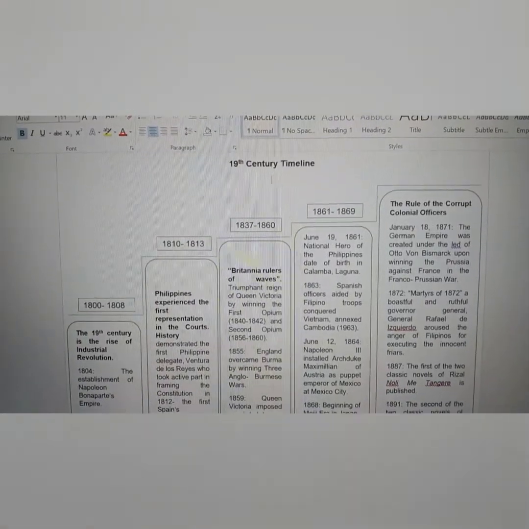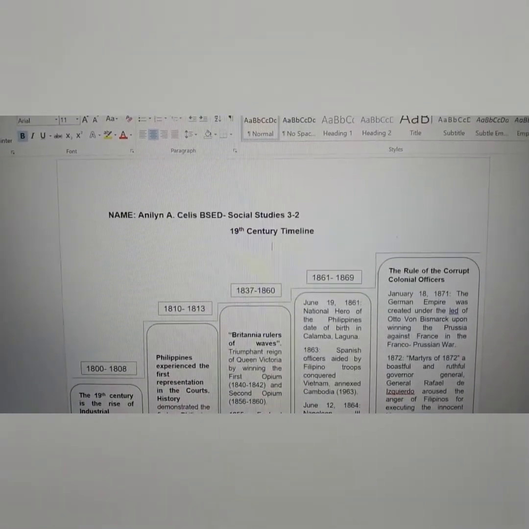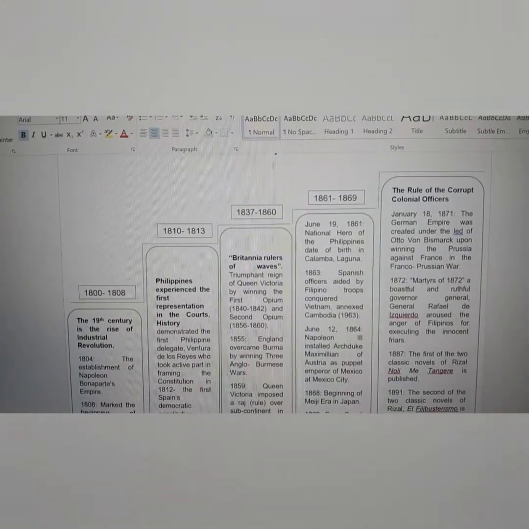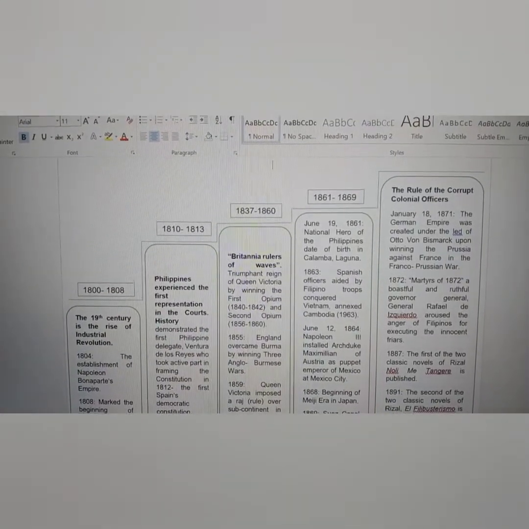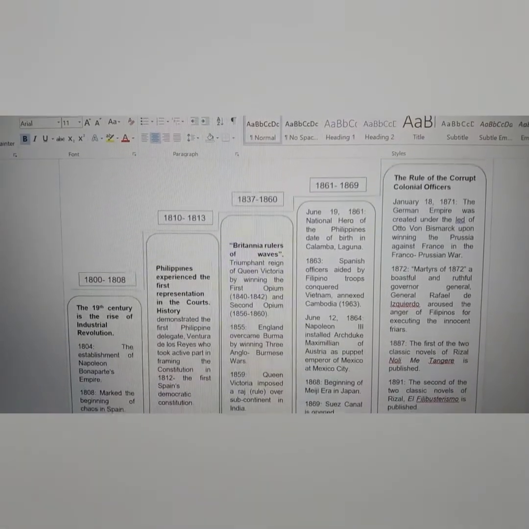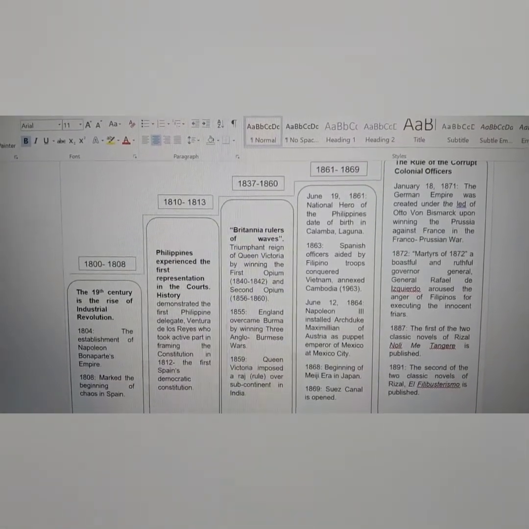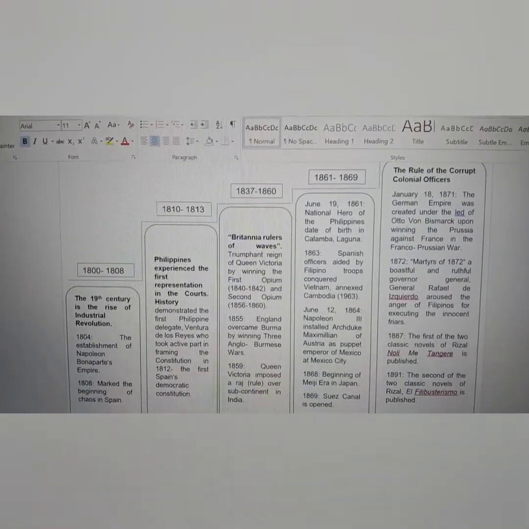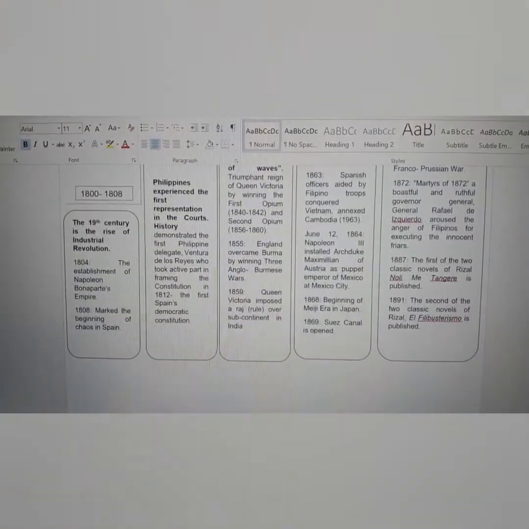Okay, so next time, read the instruction carefully for you to have a higher score. Because this is part of the instruction, this might affect your scores when I return your outputs.